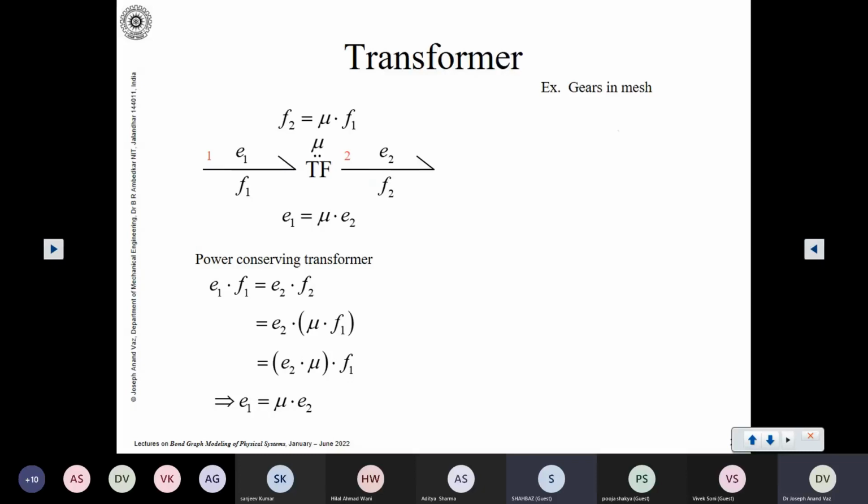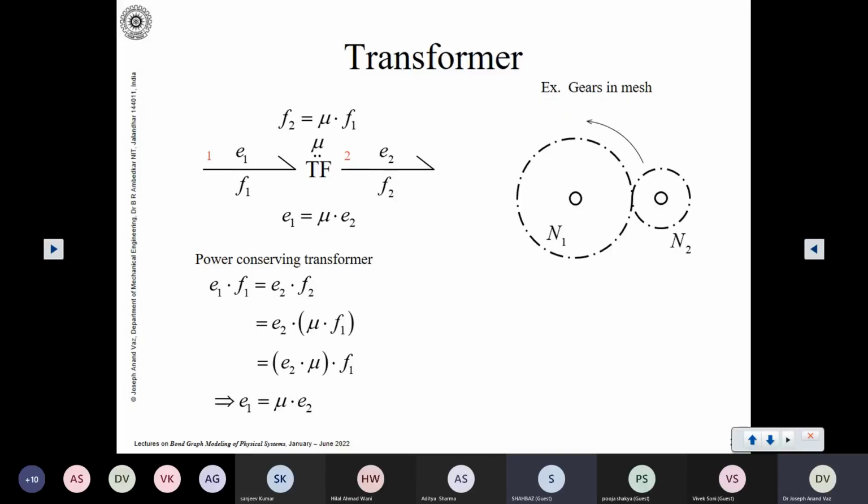Let us take an example of gears in mesh. Spur gears in mesh. So we have two spur gears. The gear has N1 number of teeth, and the pinion has N2 number of teeth.